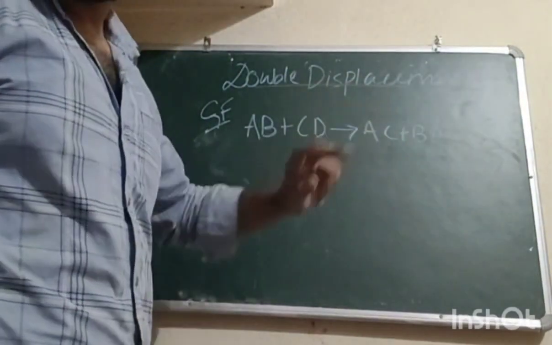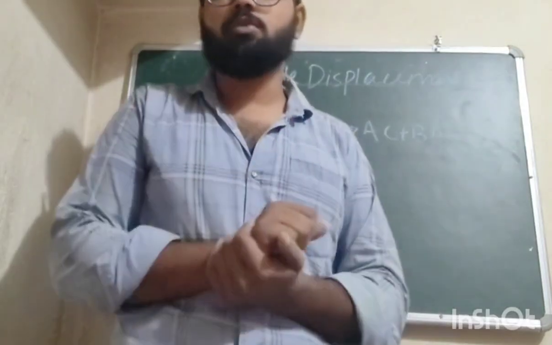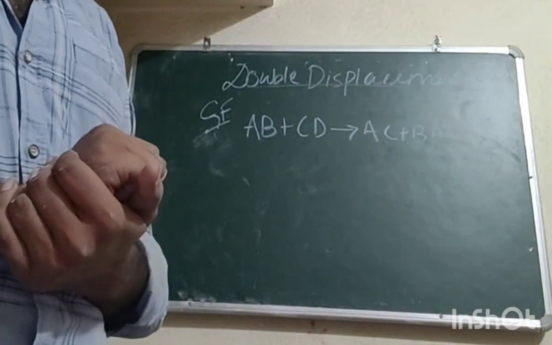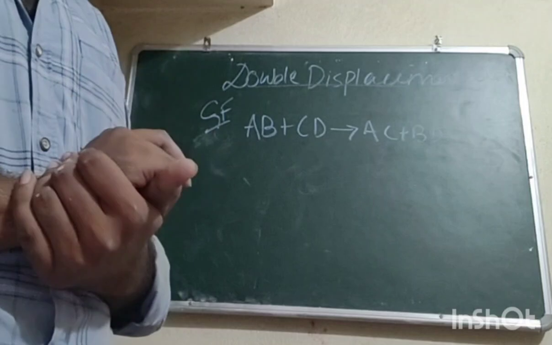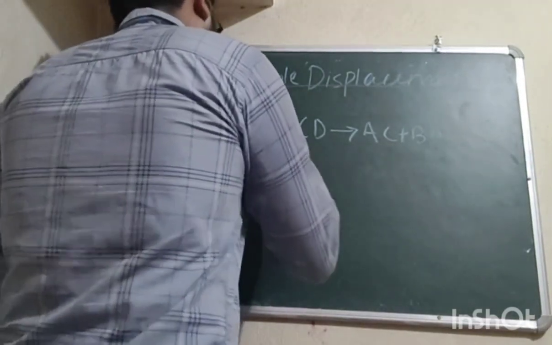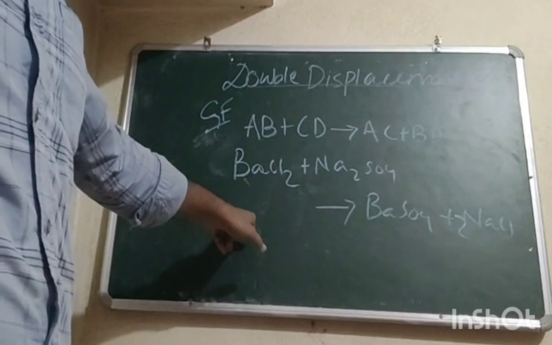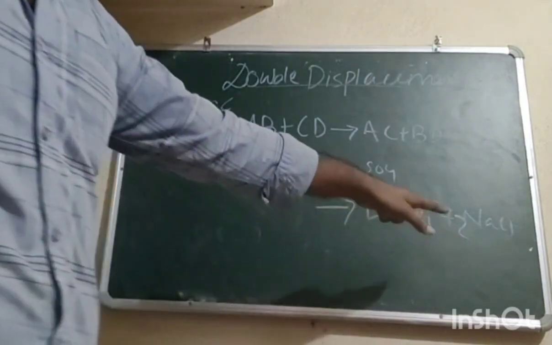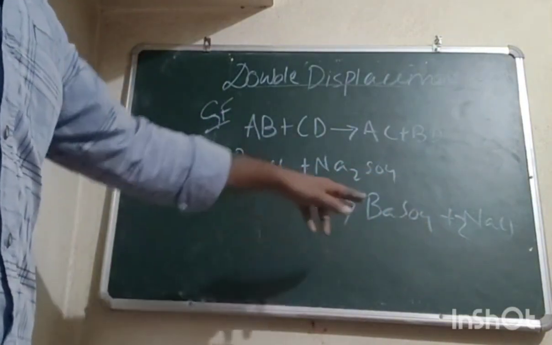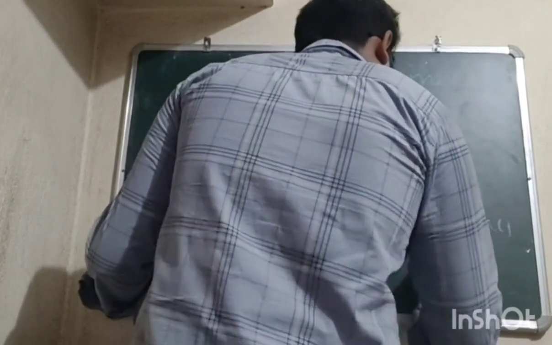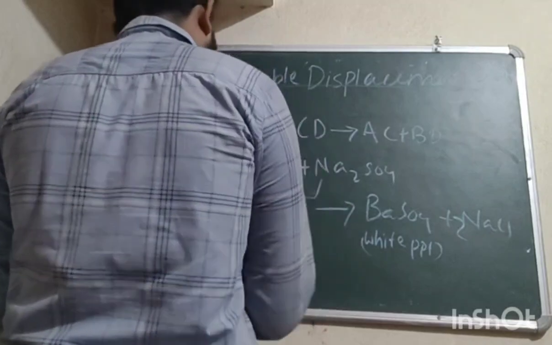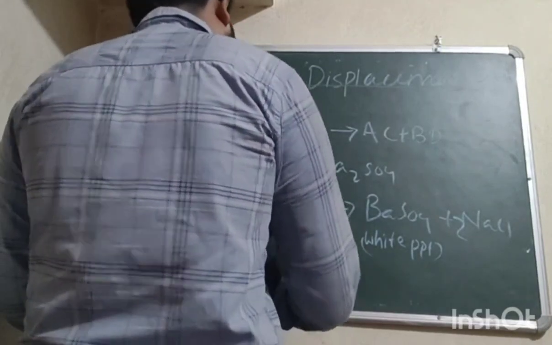So there is double displacement going on, right? For example, BaCl2 plus Na2SO4. Now this NaCl and this BaSO4, the BaSO4 will form a white precipitate, whereas both the reactants are colorless, right?